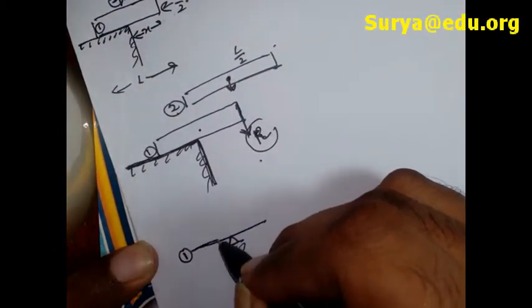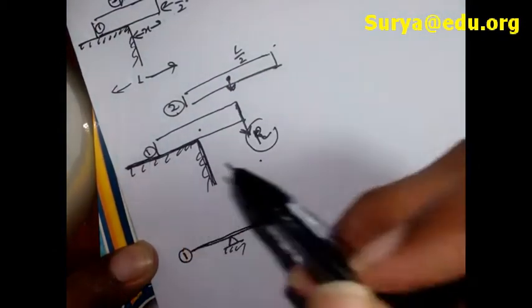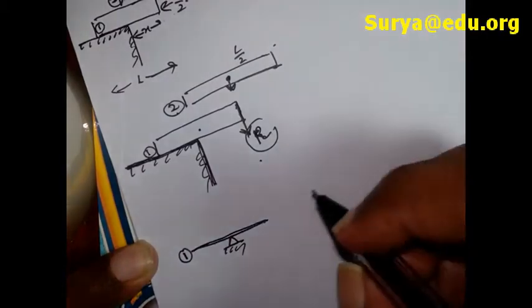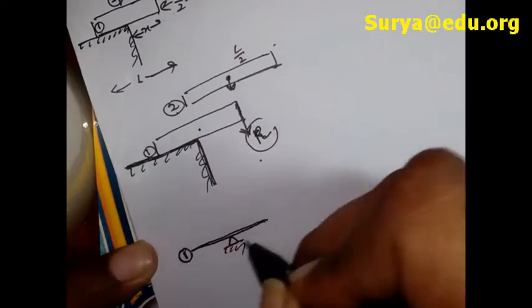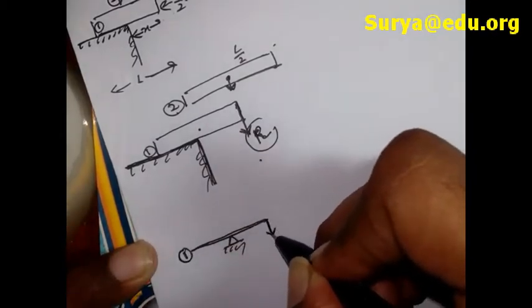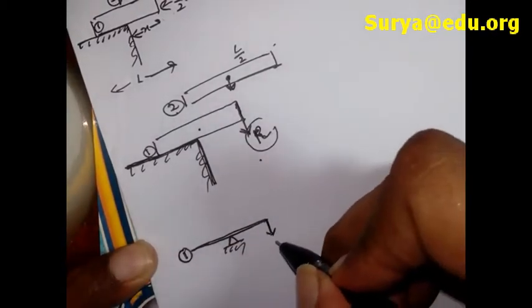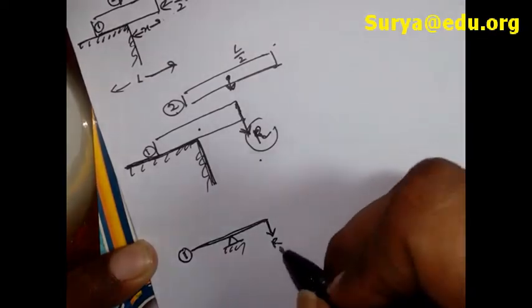Actually this line indicates block number 1. So now on this line there is a downward reactive force acting, R. Actually what is that R?